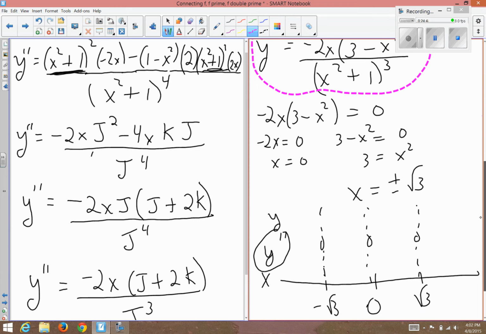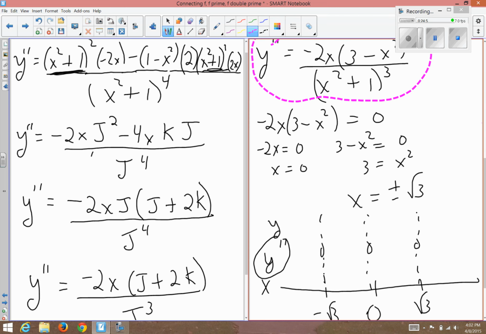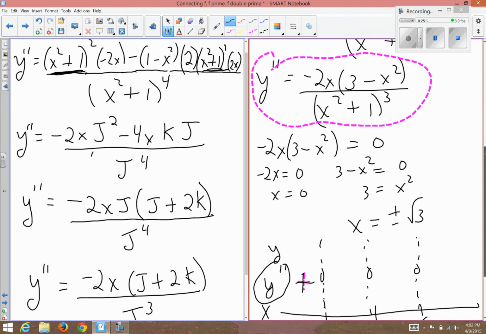And I'm thinking plugging in negative 10, you get a positive, I'm pretty sure. I'll double check this. Pick a number in this interval, negative radical 3 to 0. I believe negative 1 is in this interval. You plug in negative 1. Be sure you get a negative in y double prime.